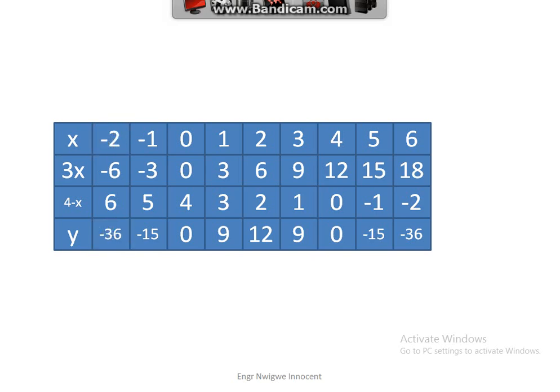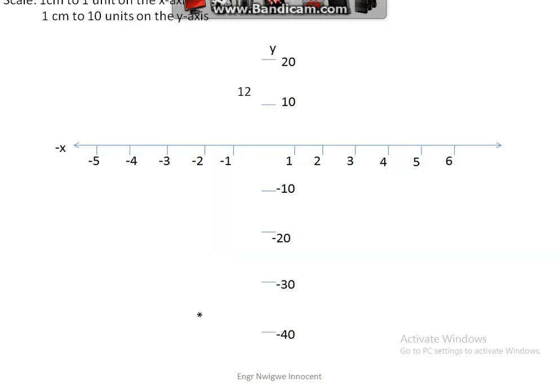Now, to plot the graph using a scale of 1 cm to represent 1 unit along the x-axis and 1 cm to represent 10 units along the y-axis, we have that on the horizontal axis, which is the x-axis, at the right hand side, 1 cm represents 1 unit. We now have 1, 2, 3, 4, 5, 6. Then on the left hand side of the x-axis, which is the negative side, we have -1, -2, -3, -4, -5.